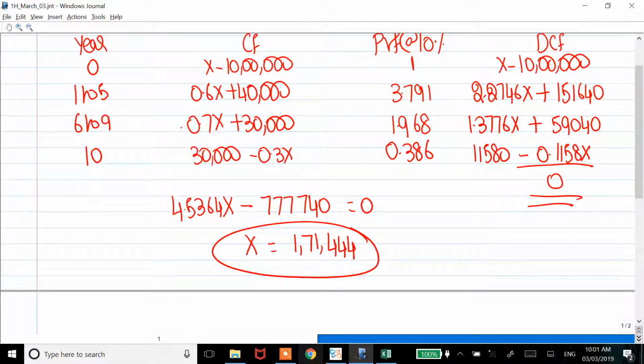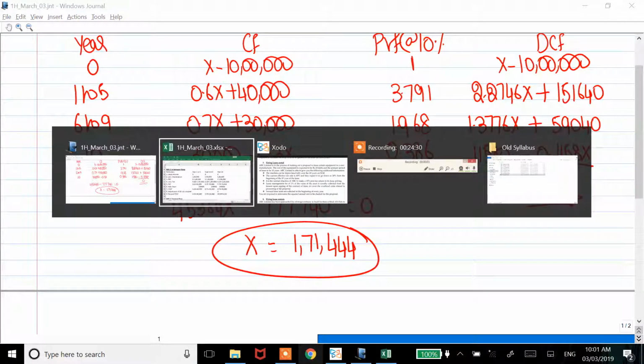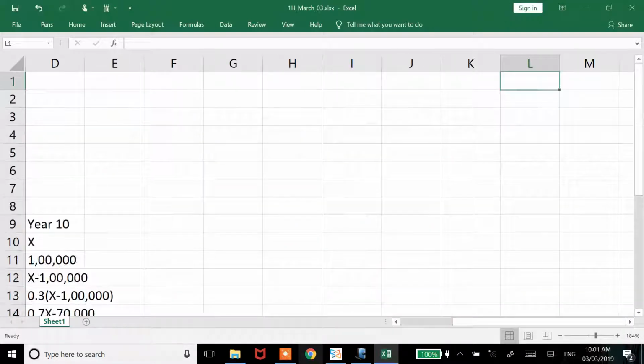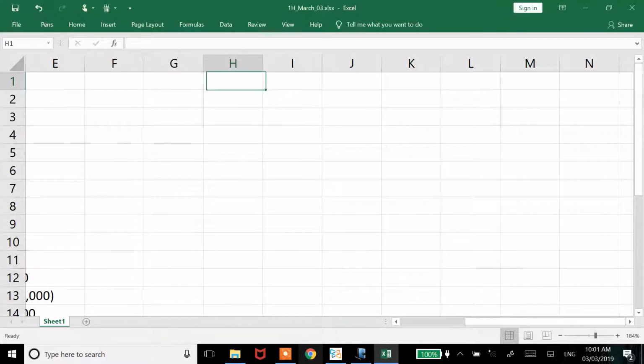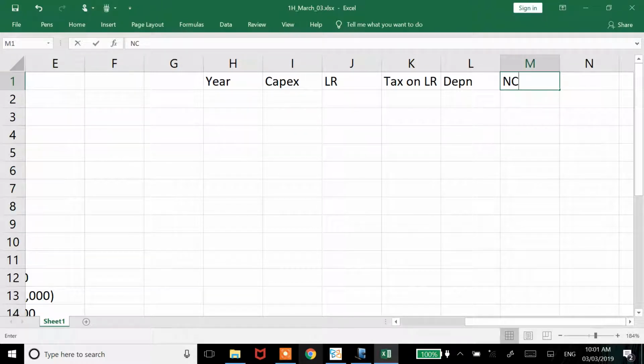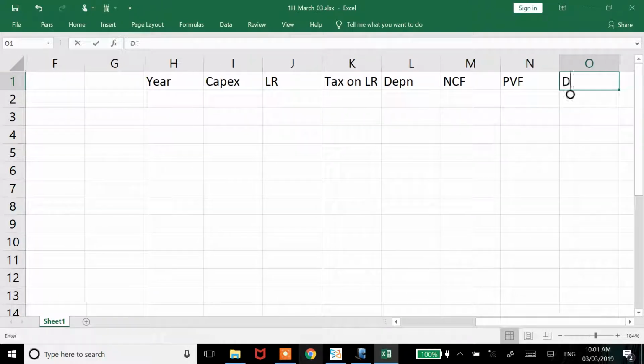Okay, now listen, I could have presented the entire thing differently. I didn't want to continue the same format, so maybe I complicated it a little. Listen: year, capex, lease rent, tax on lease rent, depreciation, NCF, PVF and DCF.